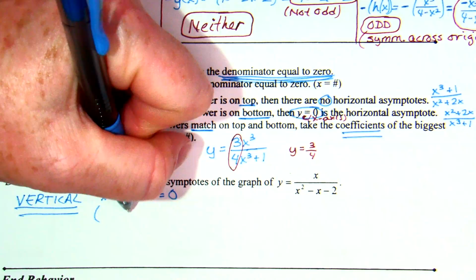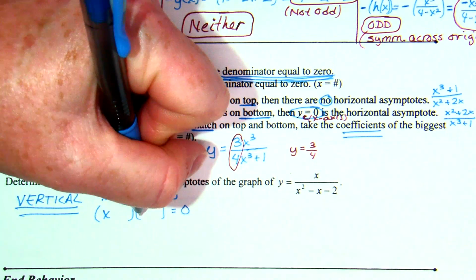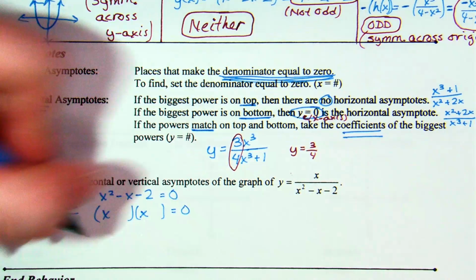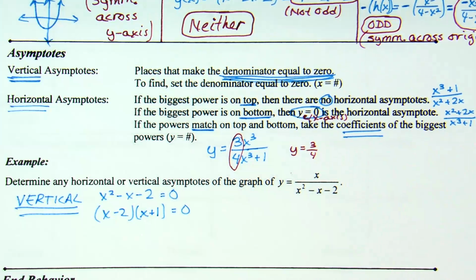So, 2 parentheses. X squared breaks up into x and x. What multiplies to be negative 2 and adds to be negative 1? Negative 2, positive 1. What do I do with both of those pieces?